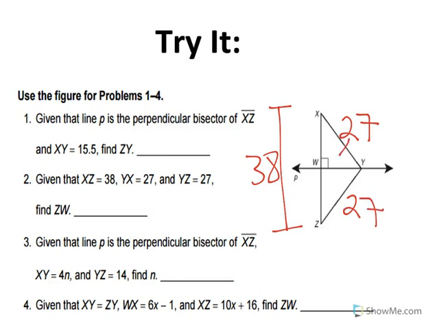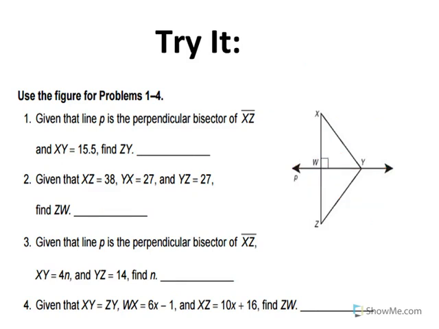These two are congruent, and this is a perpendicular bisector, so these two are also congruent. So this is half of 38, which is 19, and this is also 19. So the distance from Z to W is 19.